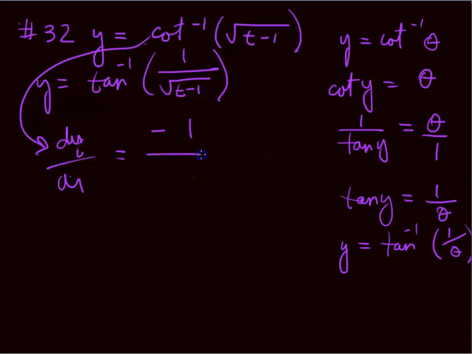So it's 1 plus the square root of t minus 1 squared, and then the derivative of this. Well, we're going to think of this as t minus 1 to the 1/2.